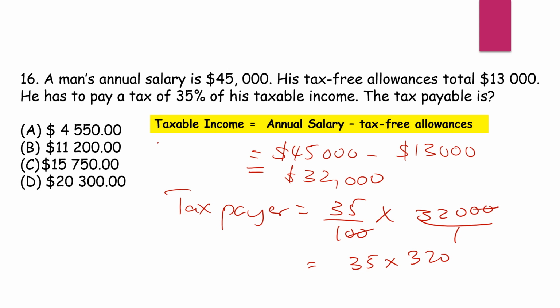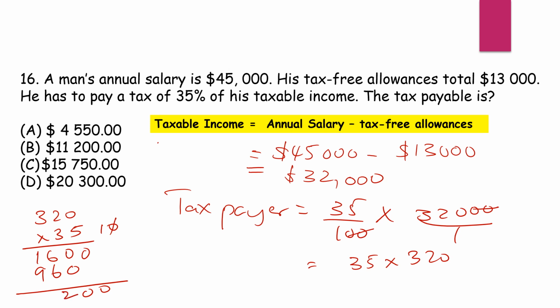So remember, we can't use a calculator, so we have to work this out. So 320 times 35. 5 noughts are naught, 5 twos are 10, 5 threes are 15, and 1 is 16. 3 noughts are naught, 3 twos are 6, 3 threes are 9, 0, 0, 2, 9, 10, 11. So the answer is B.